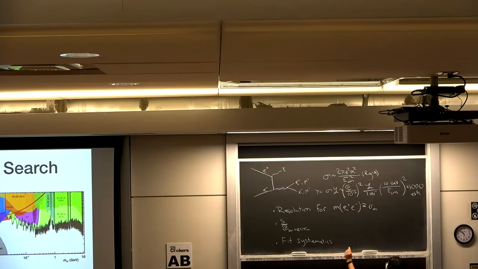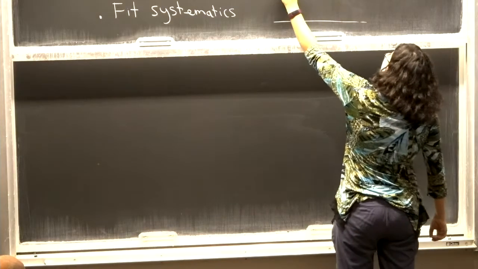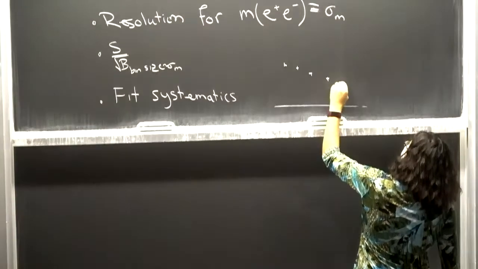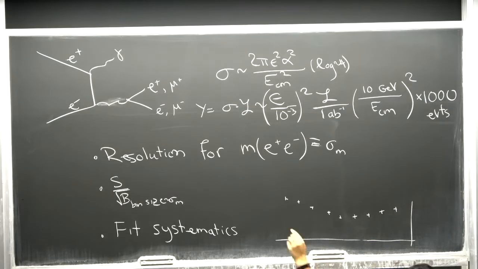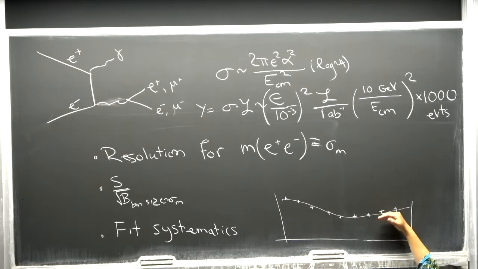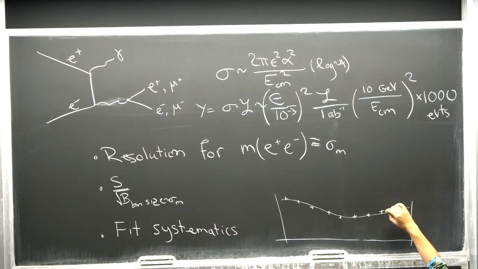Which is that if your background is slowly varying on some range of masses that's large compared to the resolution, so each data point is roughly one mass resolution wide in this binning, you can fit smooth curves to it. There's some uncertainty in the normalization of this curve in a given bin, but that's driven by the fact that in this window you have statistical uncertainties.